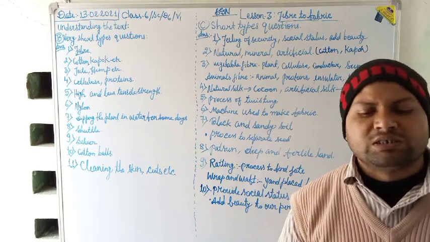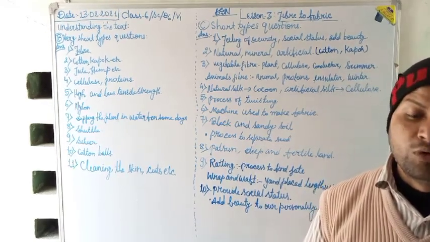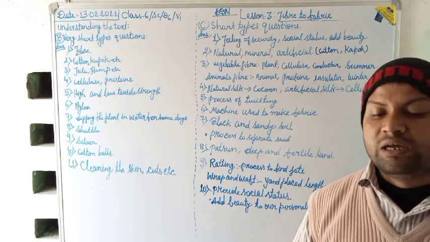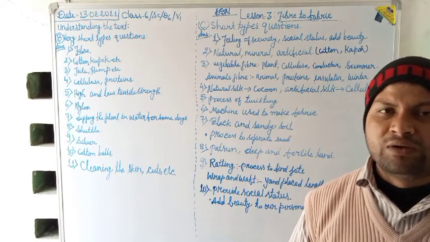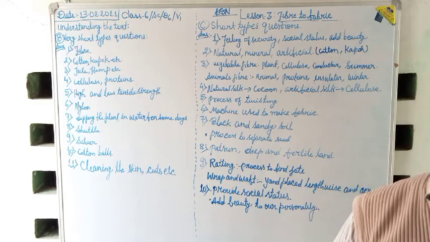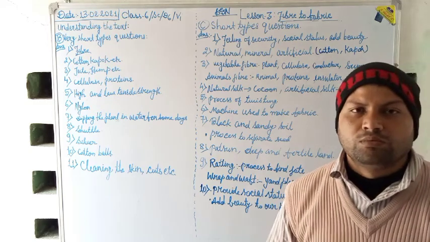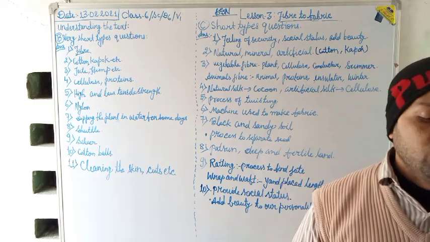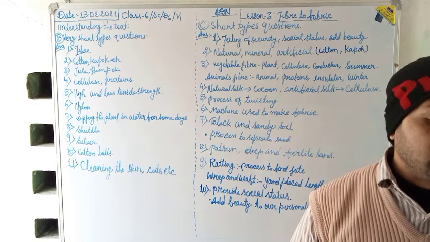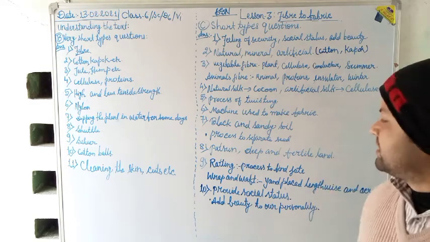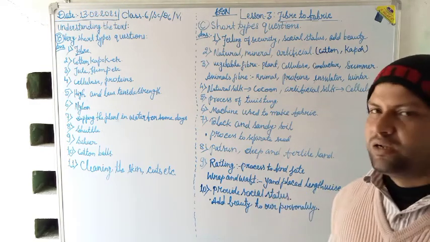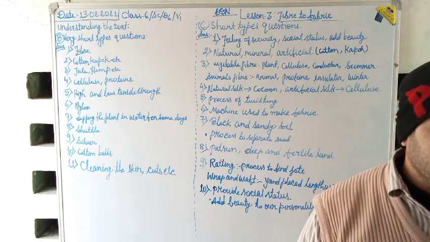Now move towards question number 9. Discuss the following terms. First is retting, and the second is warp and weft. Here retting is the process to get fine jute by dipping the plants in water. It is called retting. And warp and weft is the process.